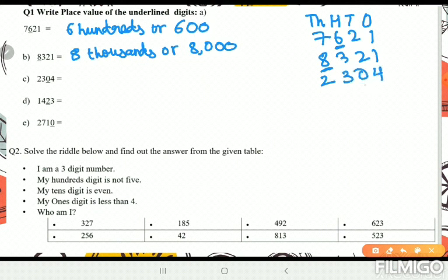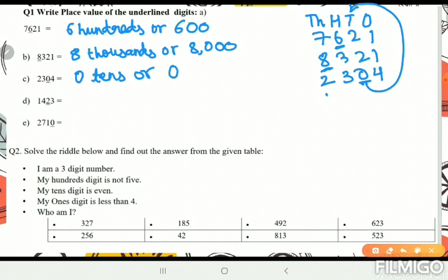Next one, it is 2304. It is asked to write the place value of 0. Where is 0? It is in the tens place. So we write 0 tens, or the value of 0 always remains 0. So your answer is 0.